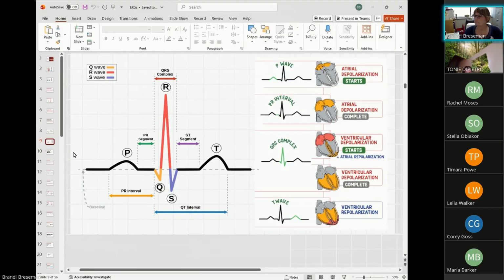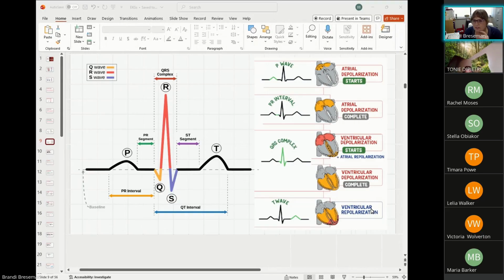Okay. And then as it travels through the PR segment here between the P and the Q, okay, that's when the contraction completes. So that's when atrial contraction or depolarization completes. Then we go into our QRS complex.